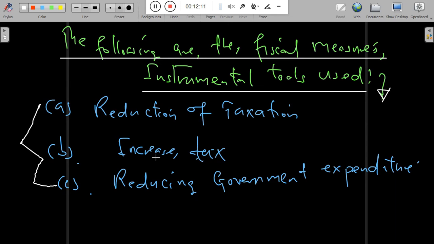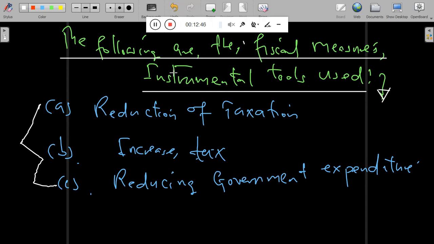If there is inflation, the government may decide to increase the tax level and also reduce government expenditure. And if there is deflation, the government may decide to reduce the tax rate and increase government expenditure so as to bring sustainability, a better standard of living, and promote stability in the economy.